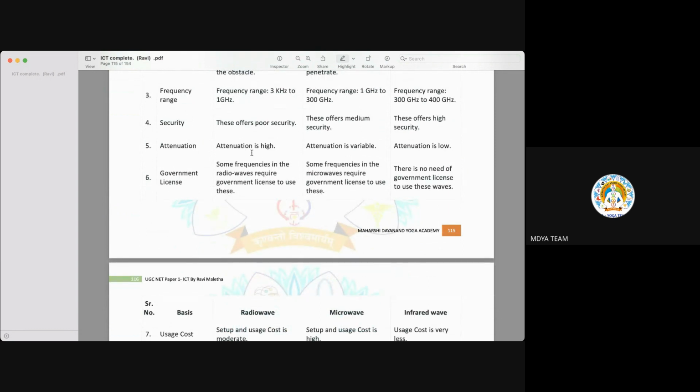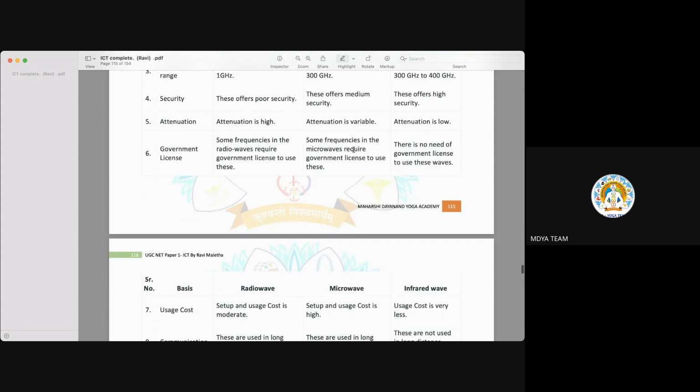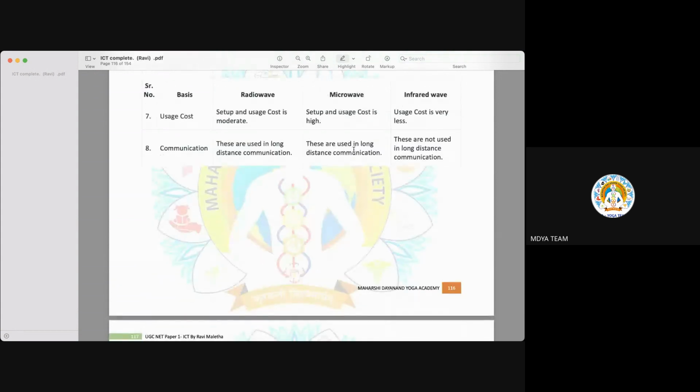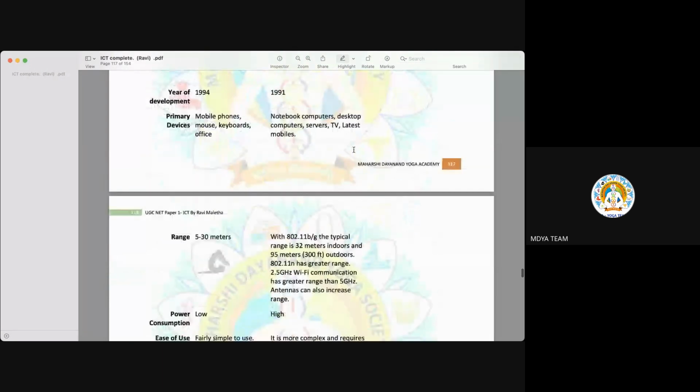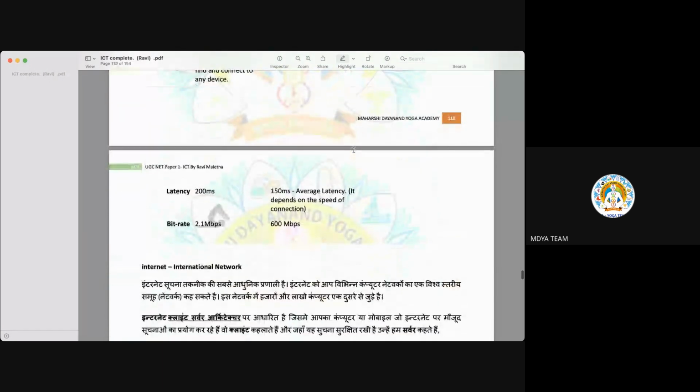Attenuation, meaning the distortion of a signal, will be high in radio waves, in between in microwaves, and very, very less in infrared. So you can get highly precise reception of the signal. I think that much is enough.